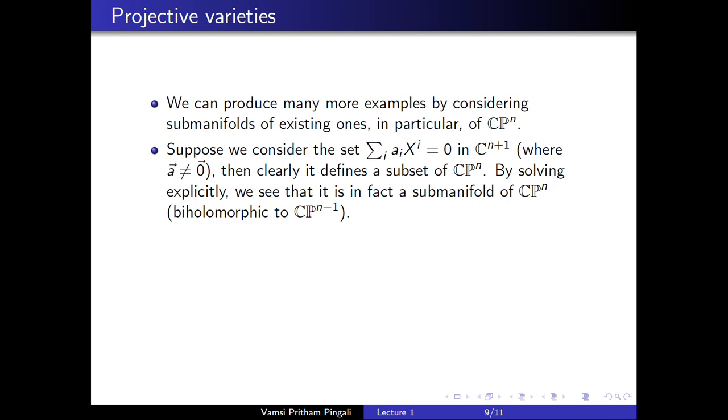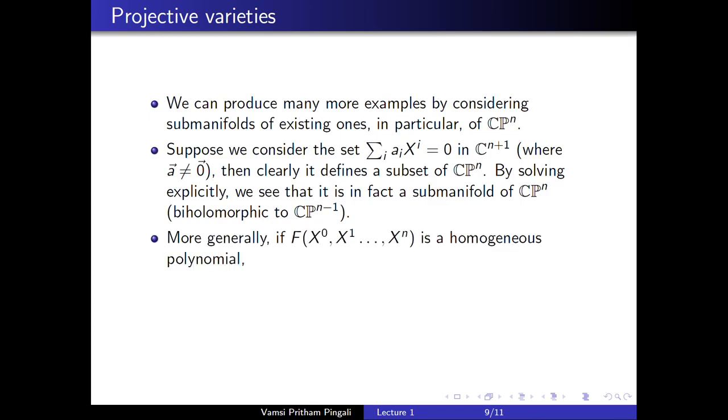So consider this map from CPN minus 1, where the homogeneous coordinates are x1, x2, so on until xn, to CPN given by x1, so on until xn, goes to x0, x1, x2, so on until xn, where x0 is obtained by solving this. Right? That map can be easily shown to be a biholomorphism. You can explicitly do it. It's not rocket science. In a way, it's more fundamental than rocket science.